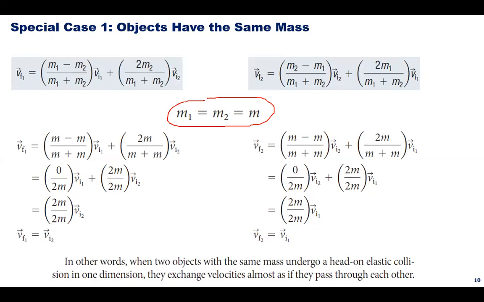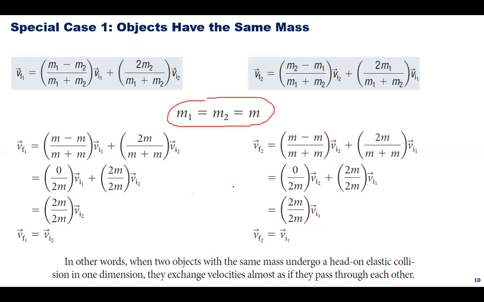We can do the same thing for object 2, which gives us VF2 equals VI1. In other words, when two objects with the same mass undergo a head-on elastic collision in one dimension, they simply exchange velocities, almost as if they pass through each other. You understand?